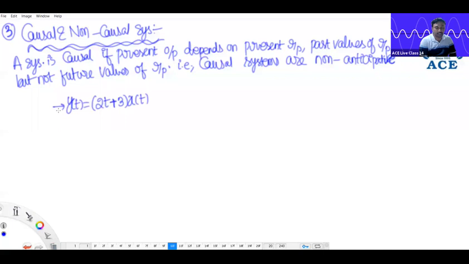Respond to this example, causal or non-causal: (2t plus 3) times x(t). Check the bracket term, the parenthesis. Output time and input time are the same, sir. y(0), x(0), y(1), x(1): instant of time is the same, causal. Check the bracket term, not the external multiplier.